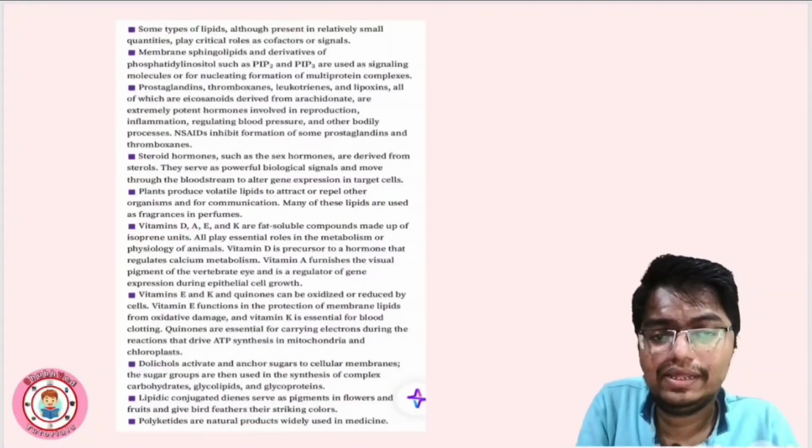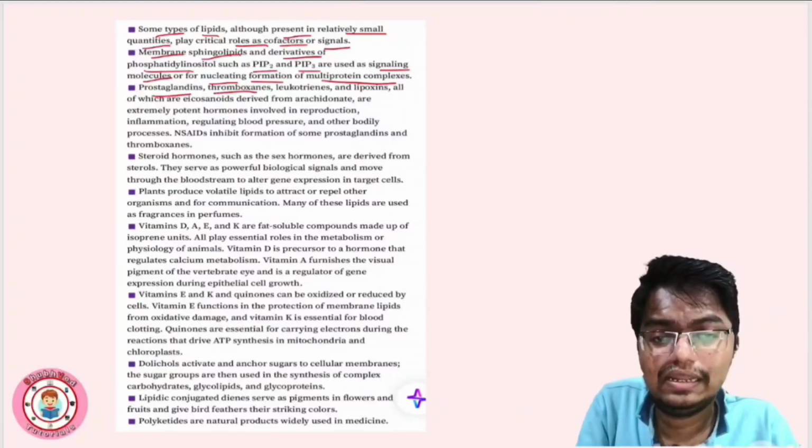This is again a summary. Some types of lipids, although present in relatively small quantities, play critical roles as cofactors or signals. We saw membrane sphingolipids and derivatives of phosphatidylinositol such as PIP2, PIP3 used as signaling molecules or for nucleating formation of multi-protein complexes.